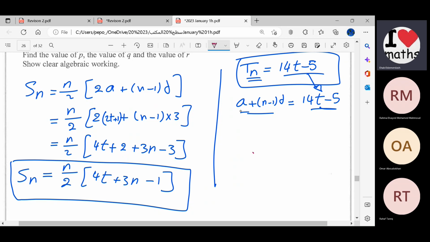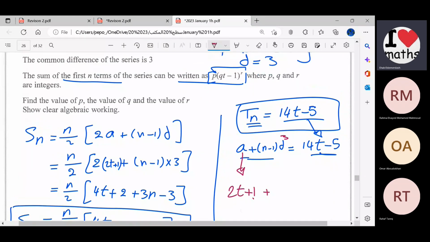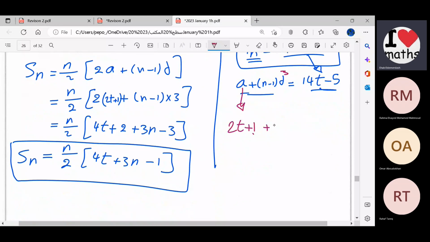What was the value of a? a was 2t plus 1 plus n minus 1 times d. I know that the value of d is equal to 3. So it's 3n minus 3, equal to 14t minus 5 on the other side.